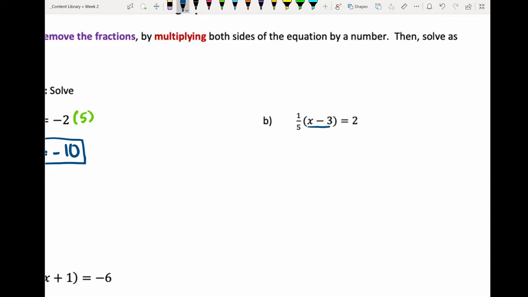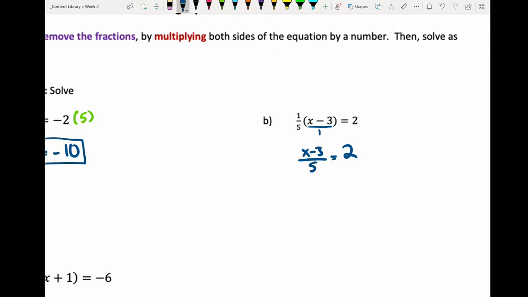Remember, any whole number is a fraction over 1, and when I multiply fractions, I just multiply straight across. So I get x minus 3 all divided by 5, equals 2.